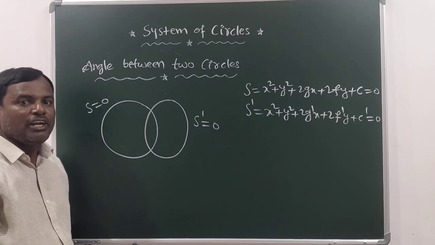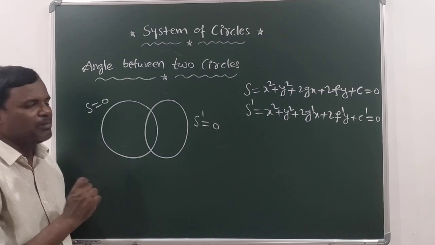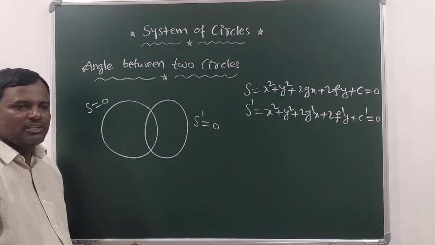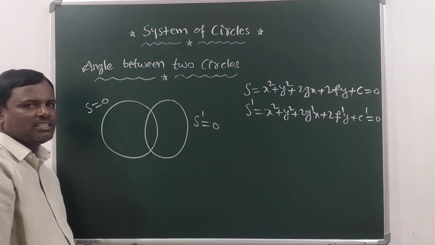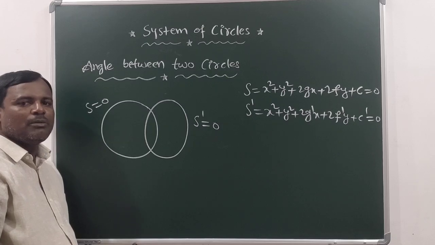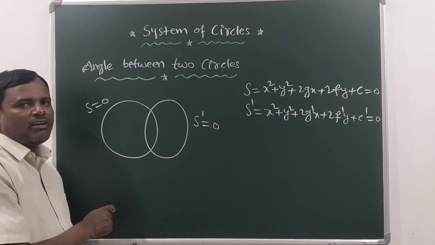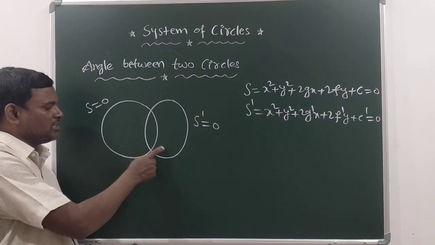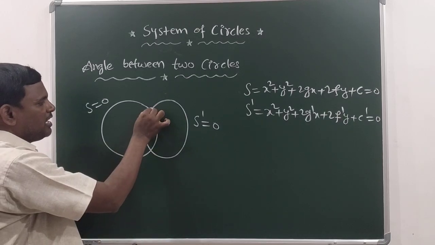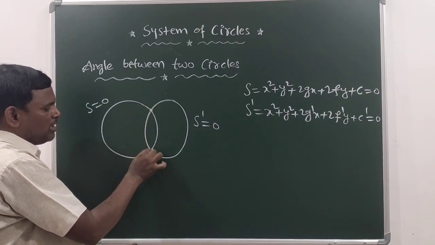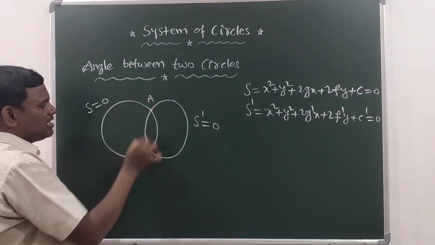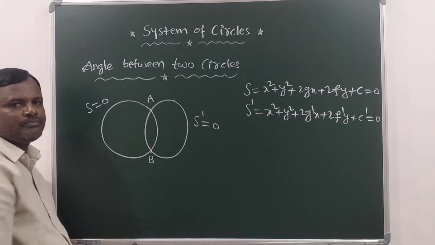You know the relative positions of two circles on the plane. Whenever the circles intersect each other, then only angle between the two circles is possible. Now here I have drawn two circles which intersect at two places. Let us name the two points of intersection as A and B.